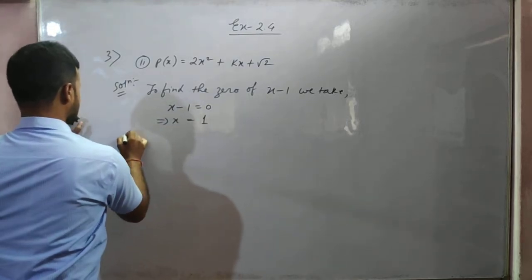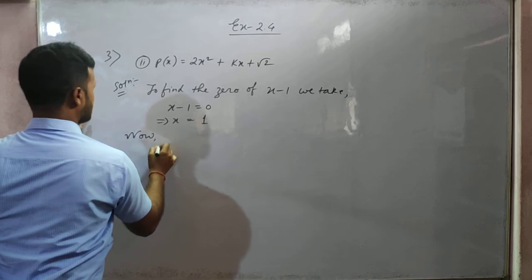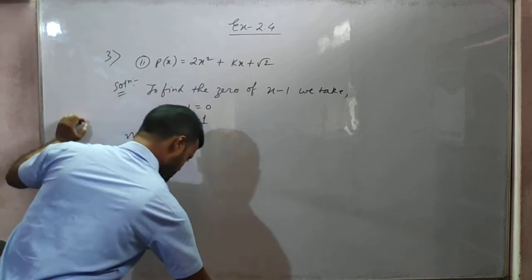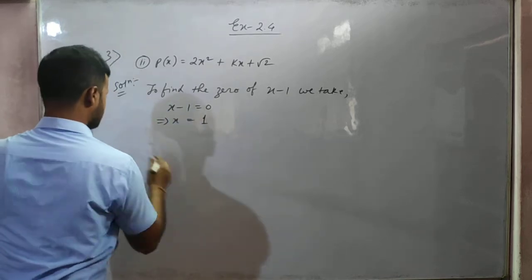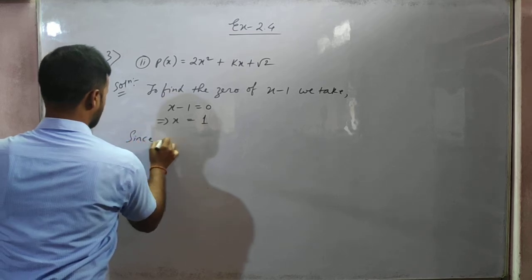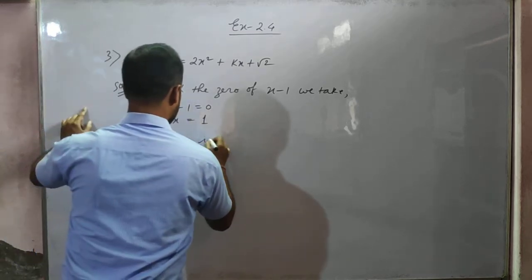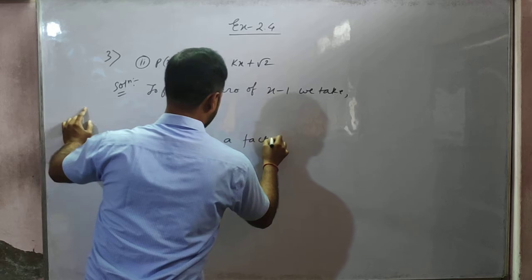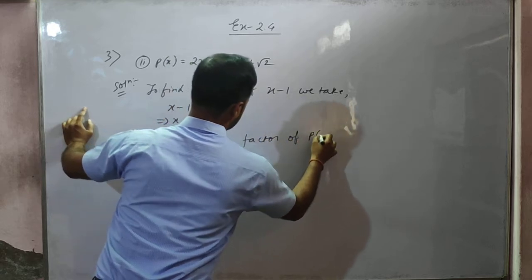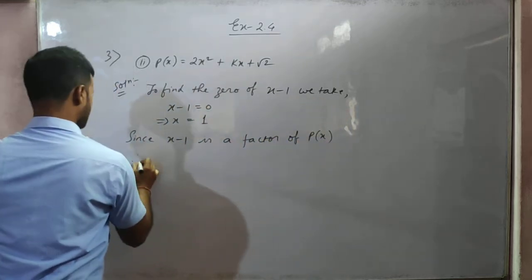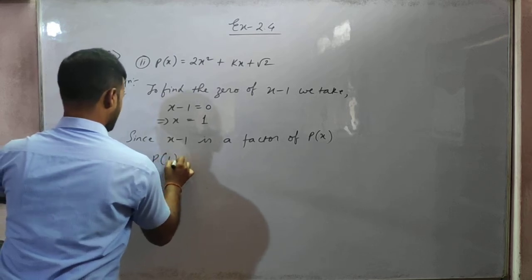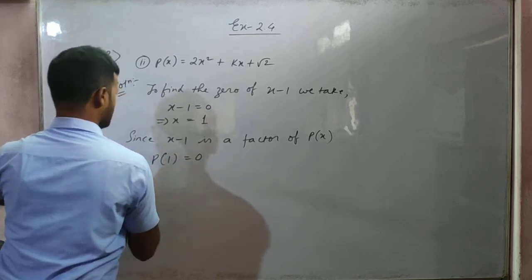Now since x minus 1 is a factor of p(x), therefore p(1) is equal to 0, isn't it?